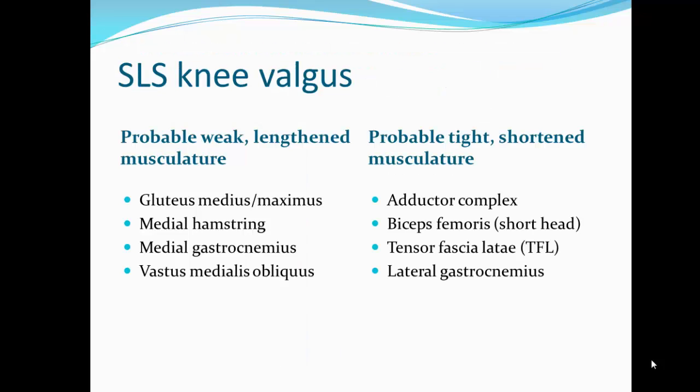So when we look at what possible weak lengthened musculature could be the problem, we see that it could be the gluteus medius and maximus, medial hamstring, medial gastrocnemius, and the vastus medialis obliquus. And probable tight shortened musculature: the adductor complex, the biceps femoris short head, the tensor fascia lata, and the lateral gastrocnemius.